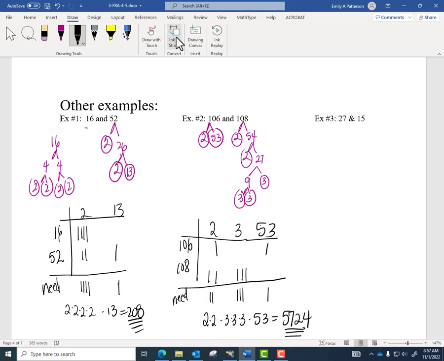So last one here, again, take the prime factorization of 27 and take the prime factorization of 15. Pause the video and find the prime factorization. So hopefully you found this to be the prime factorization. Now pause the video again and take the inventory.